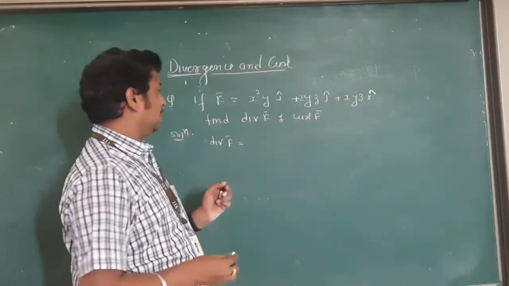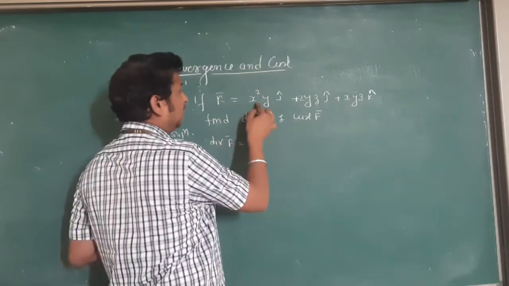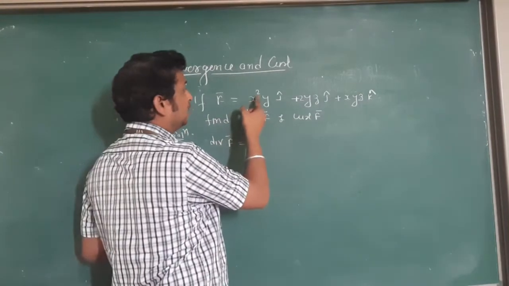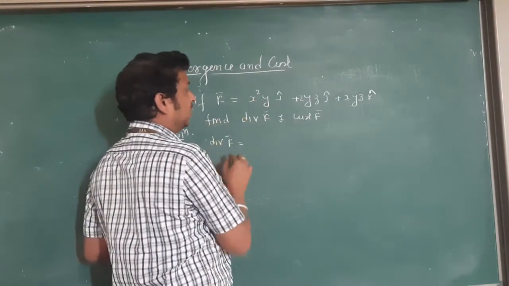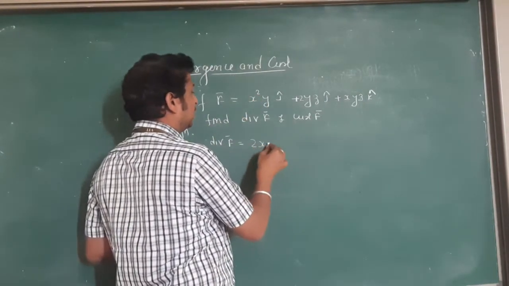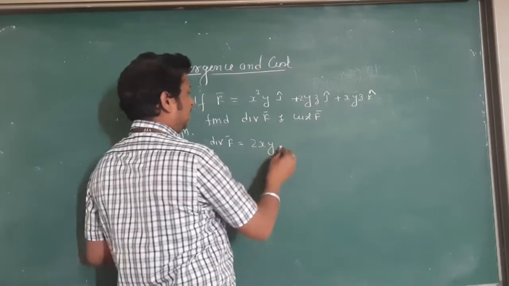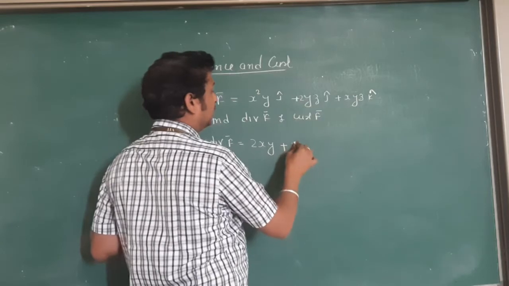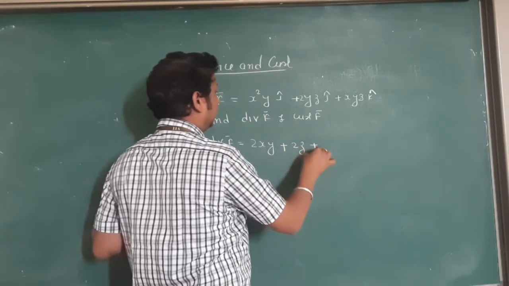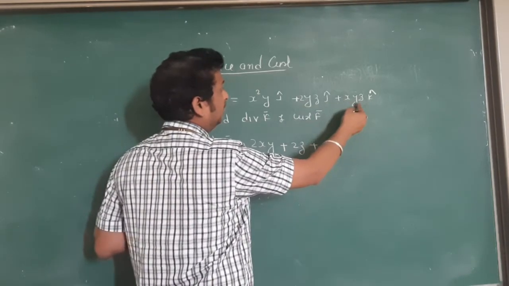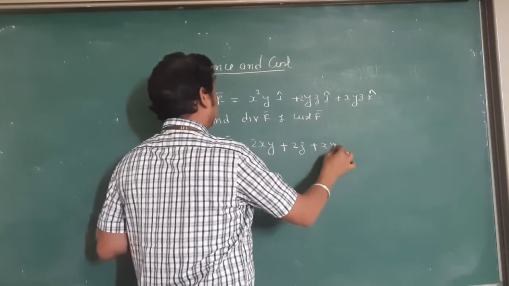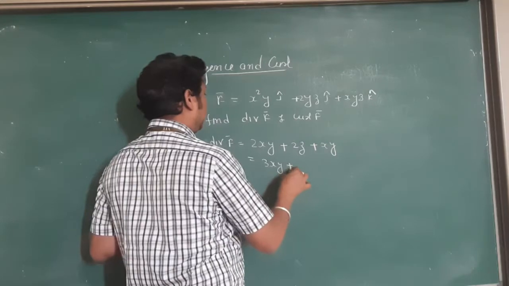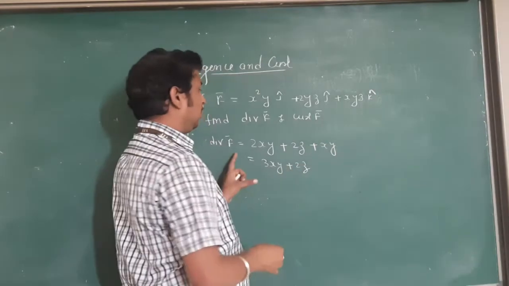Differentiate f1 with respect to x. So what is f1? X square y. If you differentiate with respect to x, what do we get? 2xy. Differentiate f2 with respect to y. What do we get? 2z. Differentiate f3 with respect to z. What do we get? xy. So what is the final value? 3xy plus 2z. This is the divergence of f.